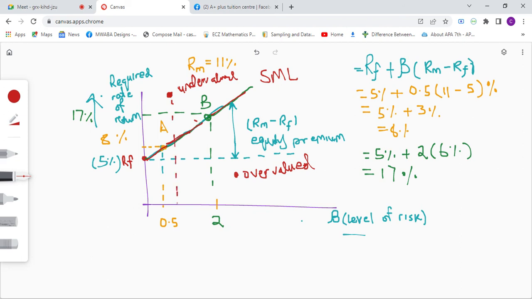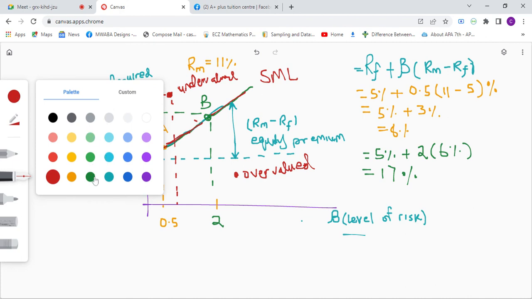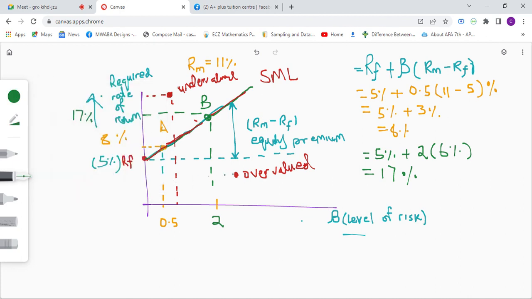So that's why it's undervalued. And for one that's overvalued, the level of risk is too high for the required rate of return.